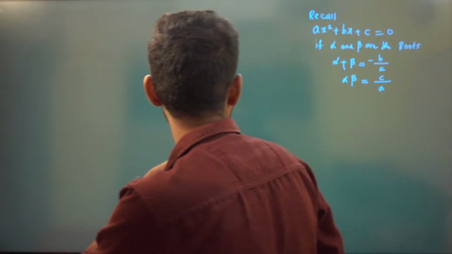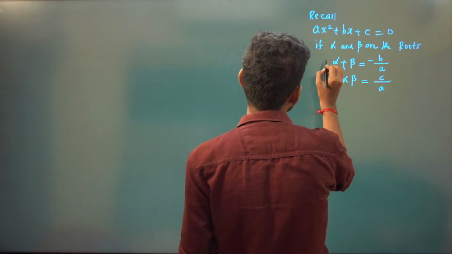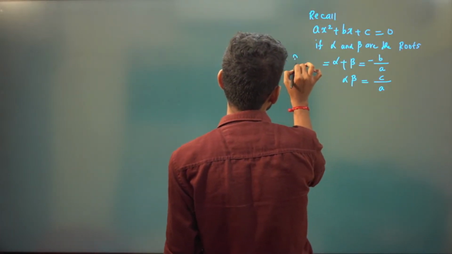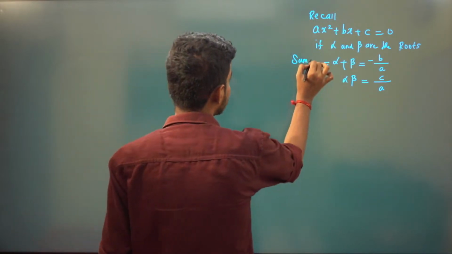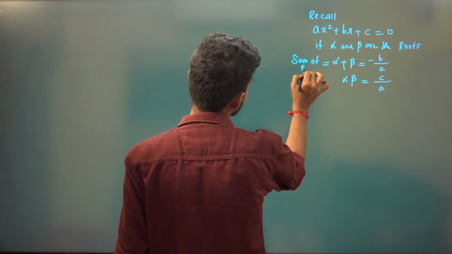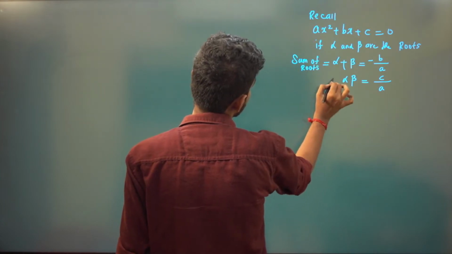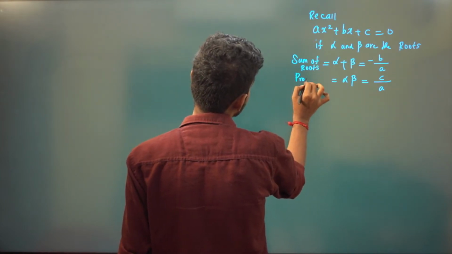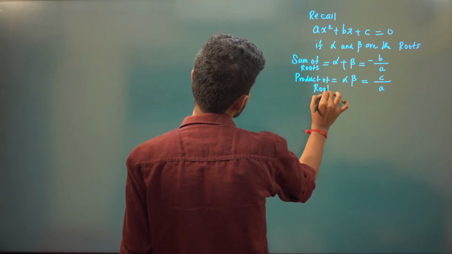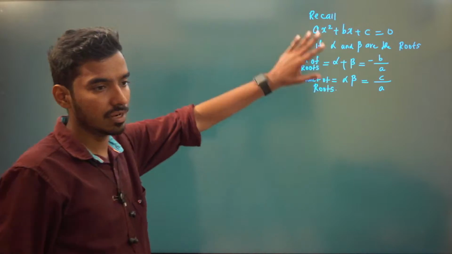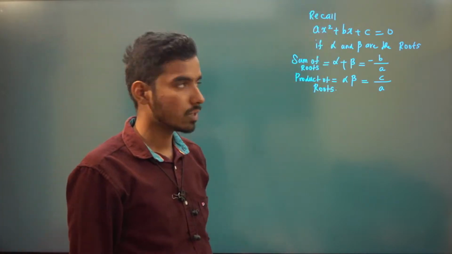Sum of roots is minus b by a. Product of roots is c by a. We write SOR, POR in schools: sum of roots, product of roots. Right? You just recall this you did at school level.